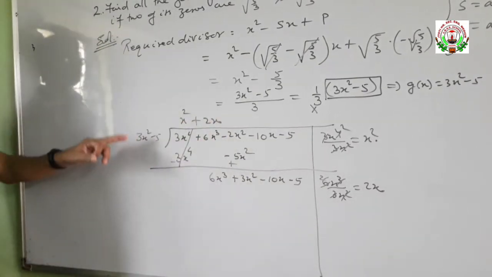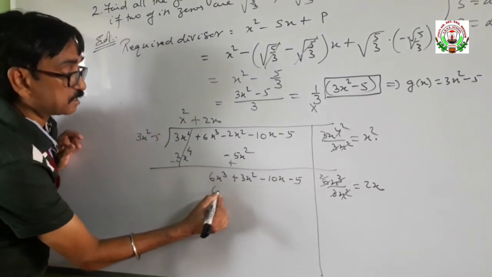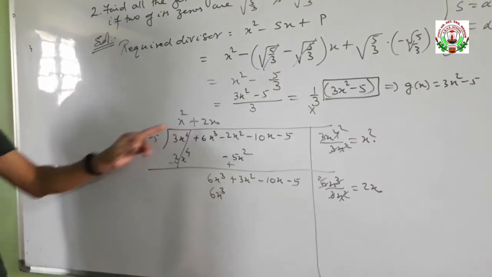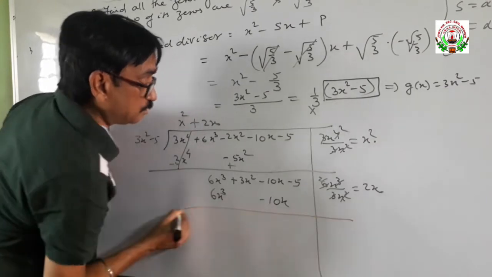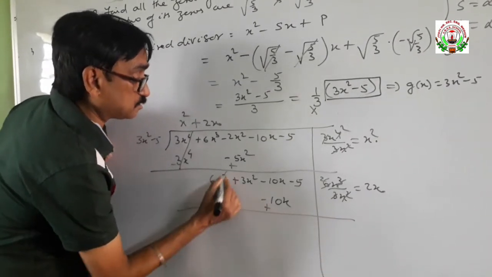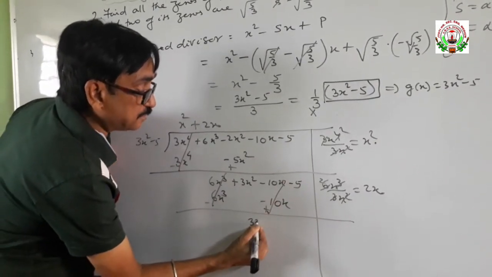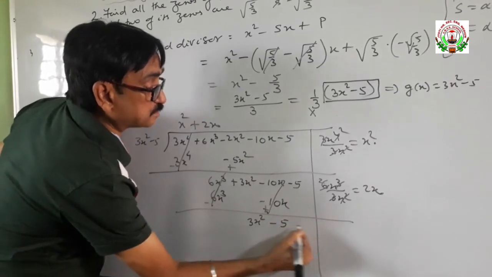Now 2x into 3x square is 6x cube, and 2x into minus 5 is minus 10x. Changing the signs, these both terms cancel out, remaining terms 3x square minus 5.